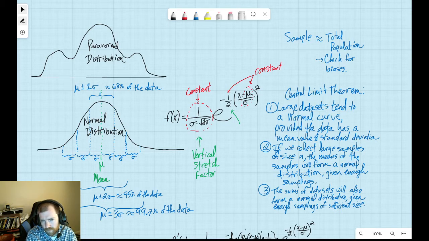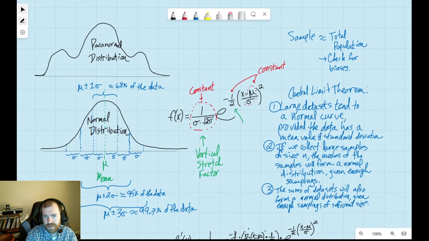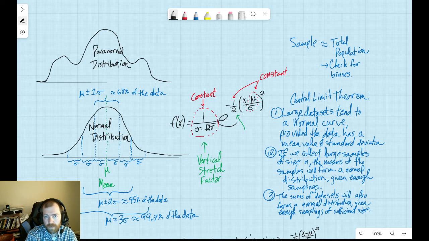We were trying to look for, based on sigma, based on mu, what the z-score was going to be when we look at x minus mu over sigma. And here we said we're looking for 1.96.